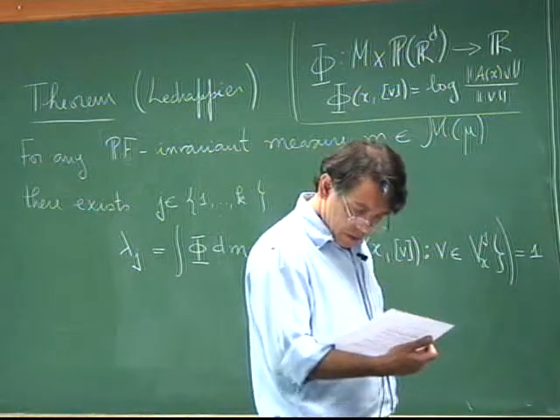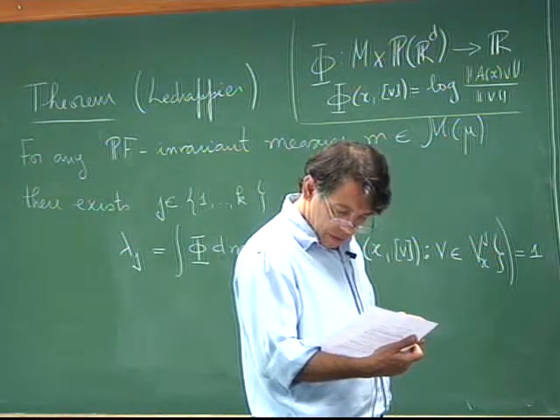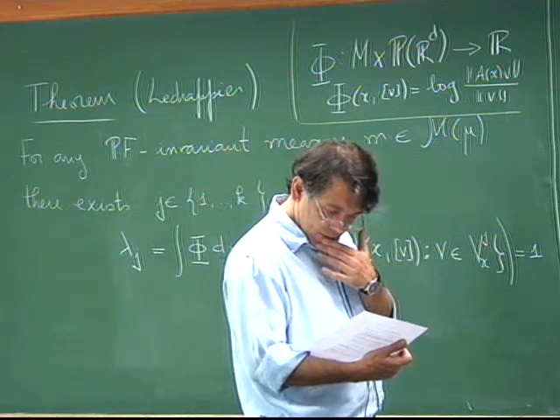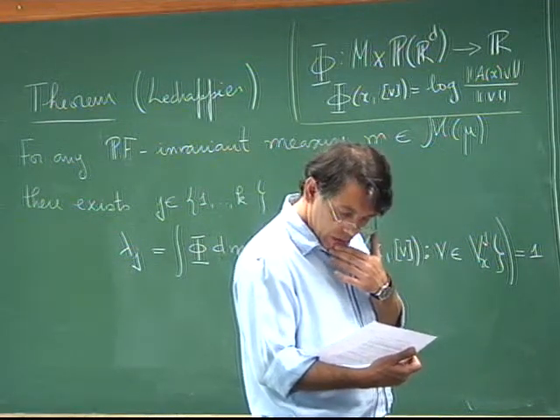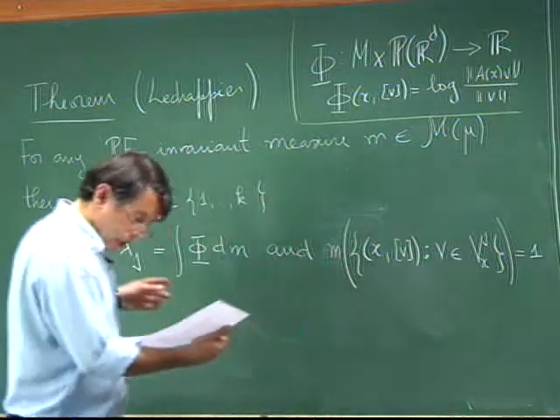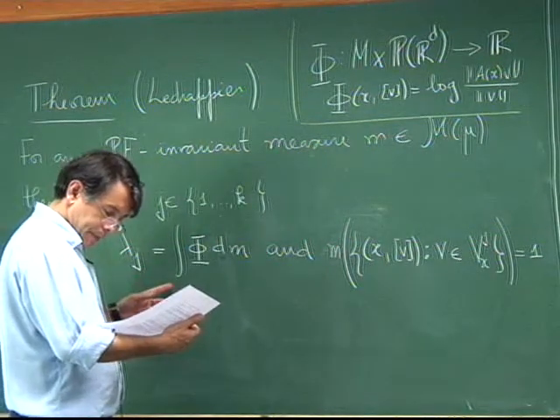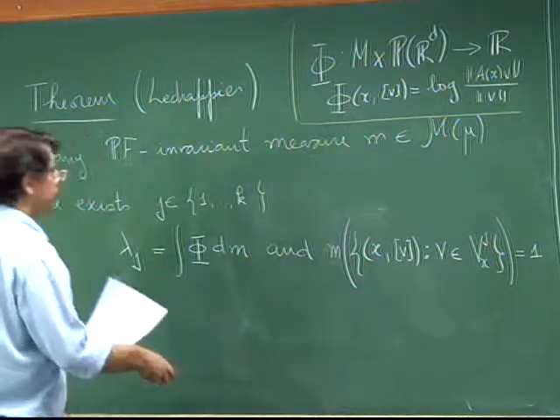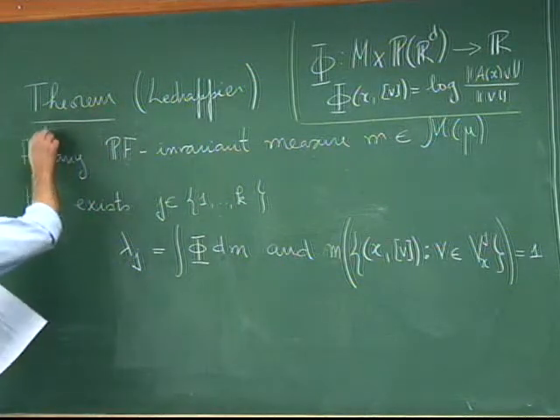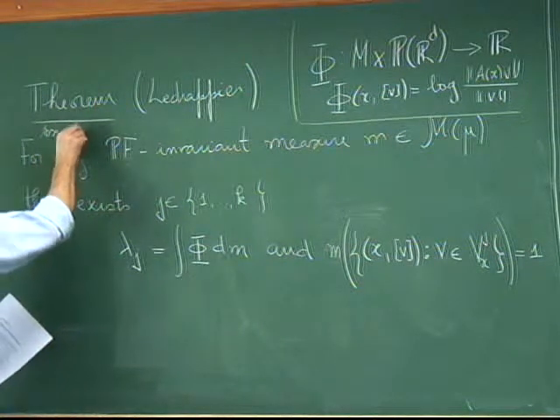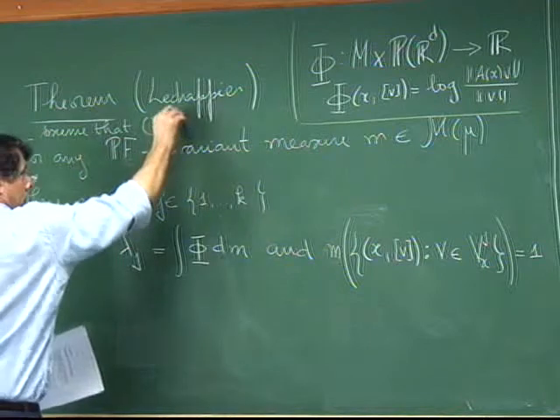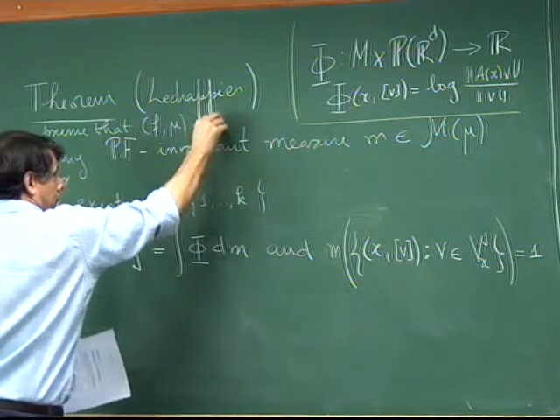Now I have to remember whether we are thinking that the system is ergodic, because lambda j depends on x. Yeah, I'm assuming here that f, mu is ergodic.